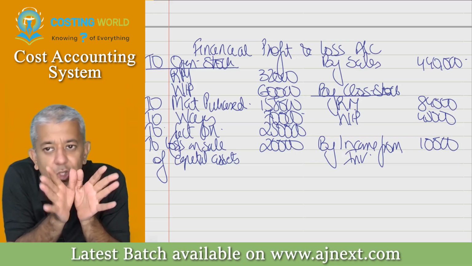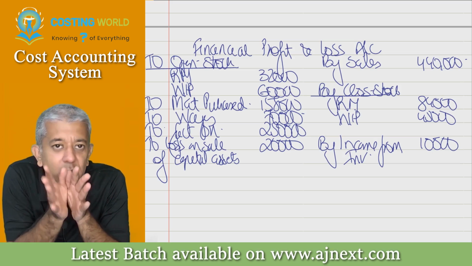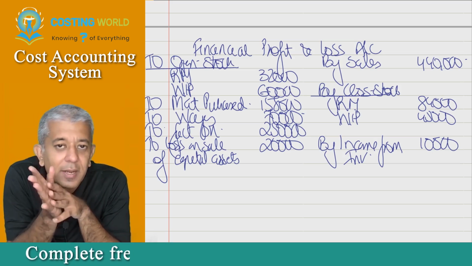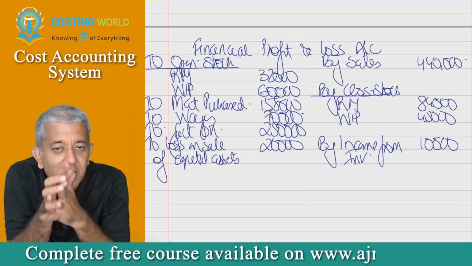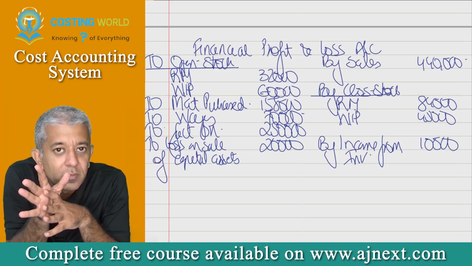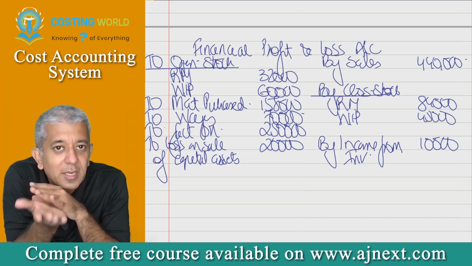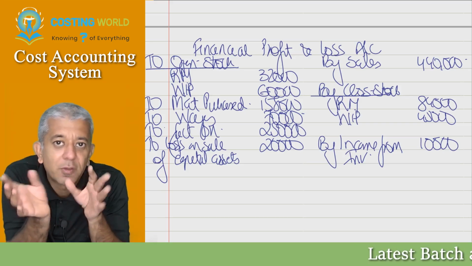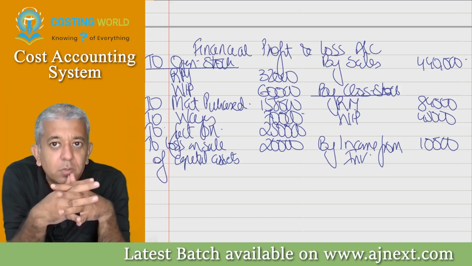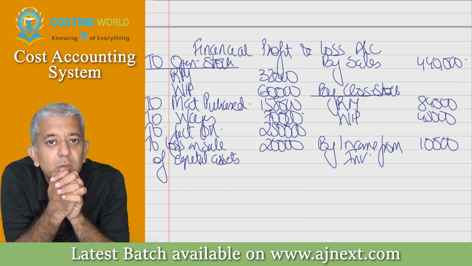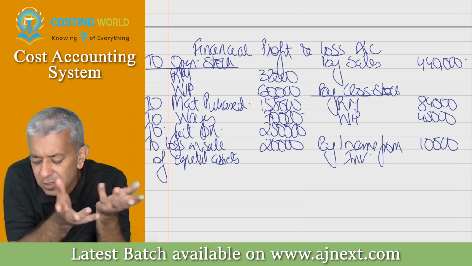If in any question I say that some stock was lost or something, then your closing stock will become less. So automatically the debit side will be heavier, and that loss will automatically remain in your account also. It's an internal transaction. That's why.